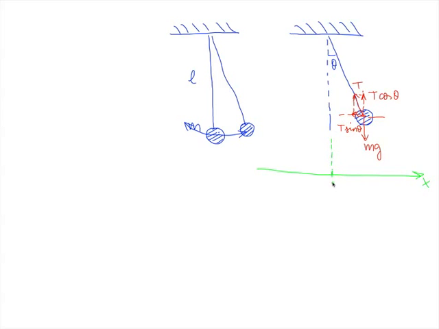Let's put the origin 0 of this axis right in the vertical rest position of the pendulum. In this generic instant I've drawn before, this will be the generic x coordinate.